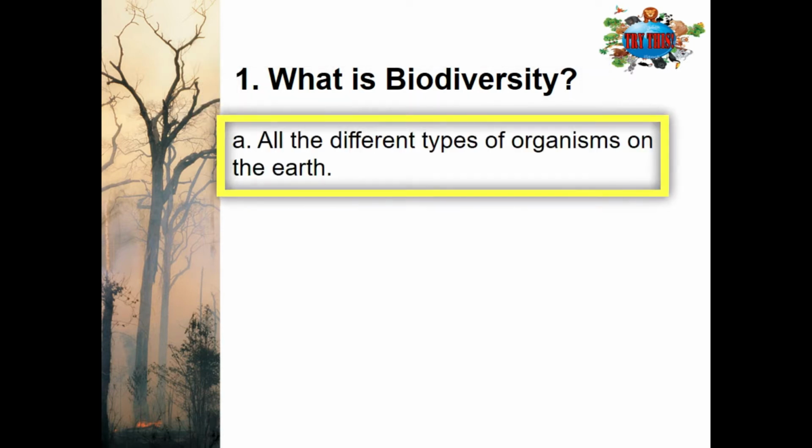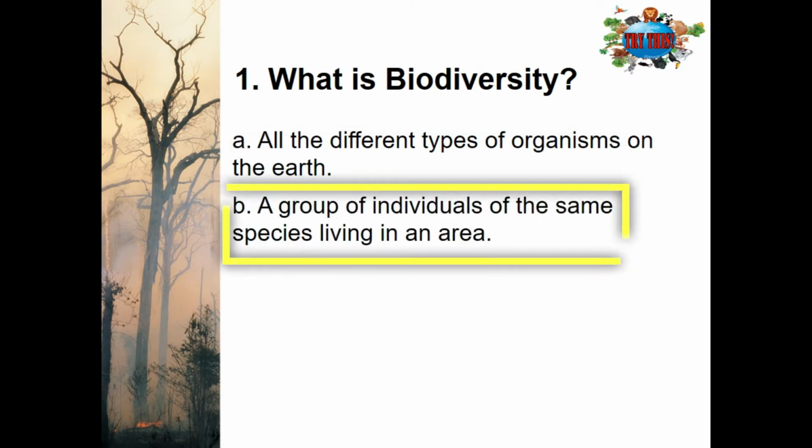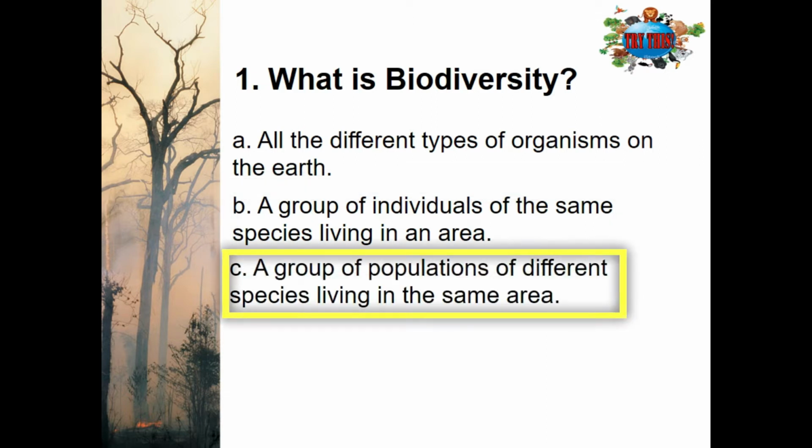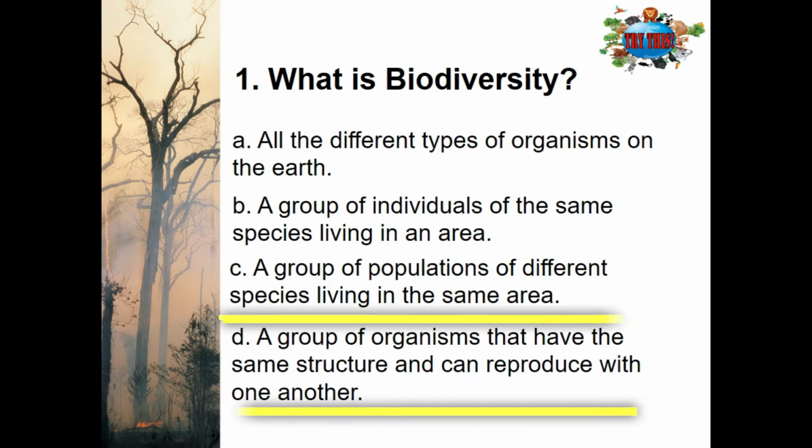A. All the different types of organisms on Earth. B. A group of individuals of the same species living in an area. C. A group of populations of different species living in the same area. D. A group of organisms that have the same structure and can reproduce with one another.